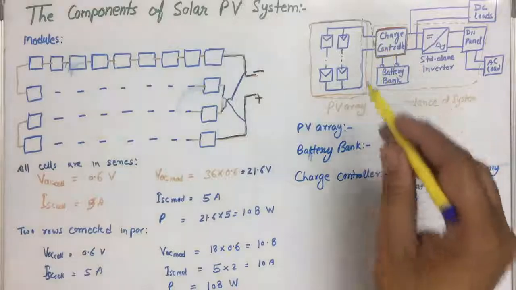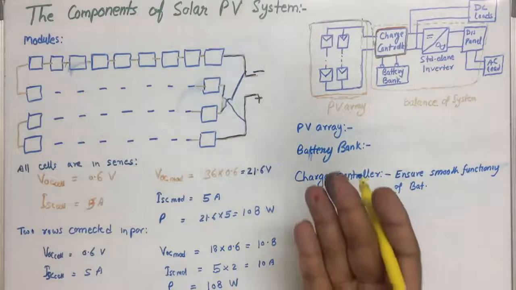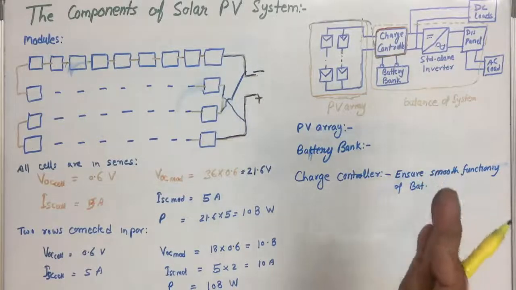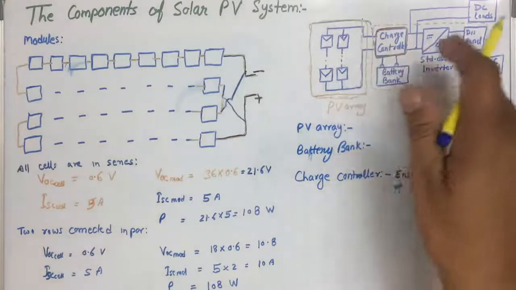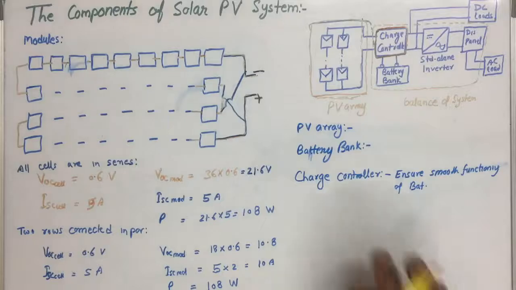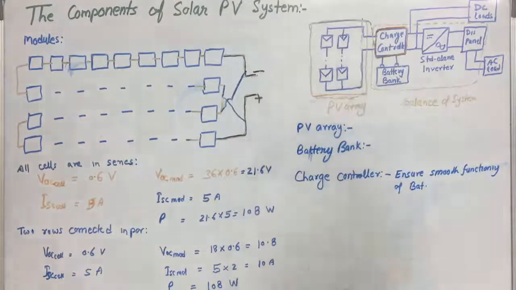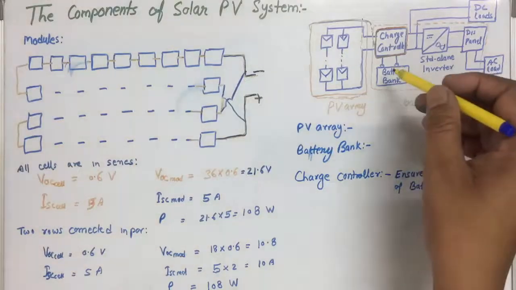So the charge controller should be of high quality, which improves the working as well as the life of our battery and hence our system. It plays a very important role in our solar PV system to enhance the lifespan of our battery and hence our full system. So the quality of the charge controller is very important in our PV system.